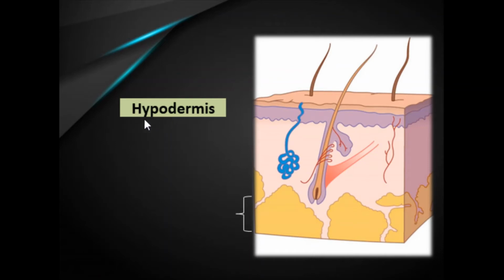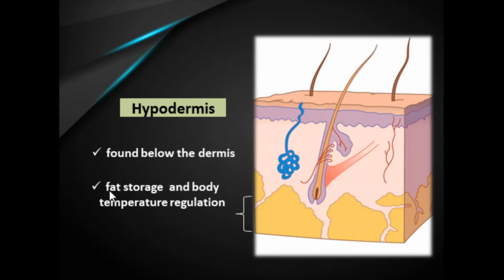Hypodermis. Very good. The hypodermis is also called the subcutaneous layer. It is found below the dermis, the innermost part of our skin. Again, the hypodermis is the innermost layer of our skin.